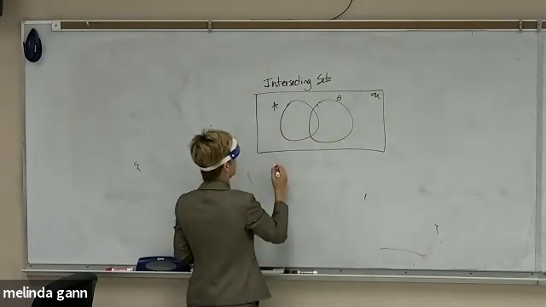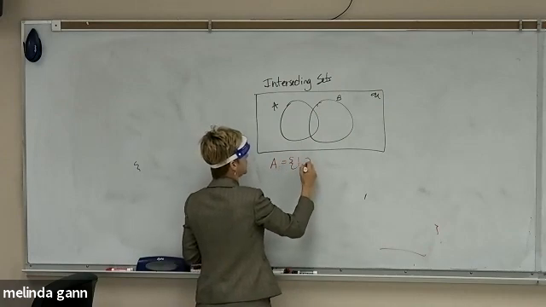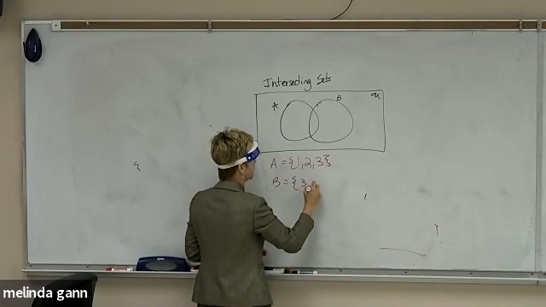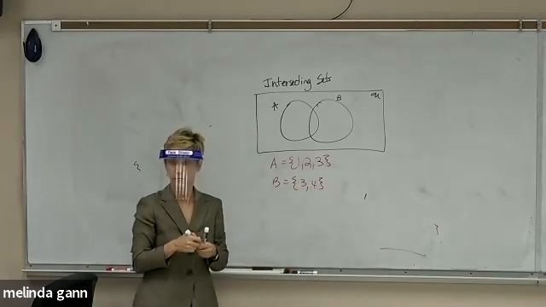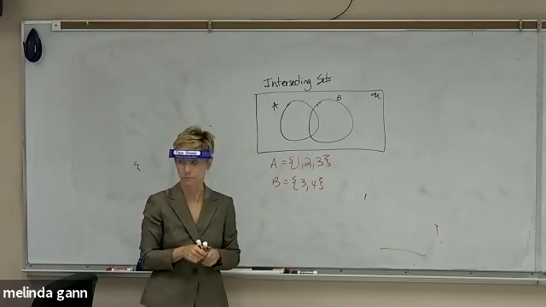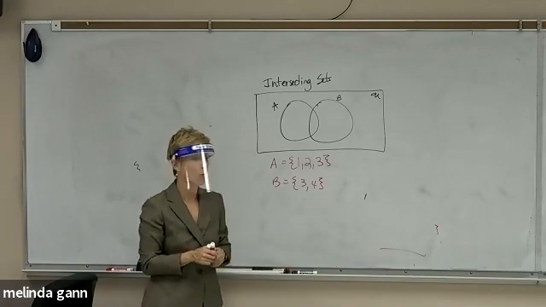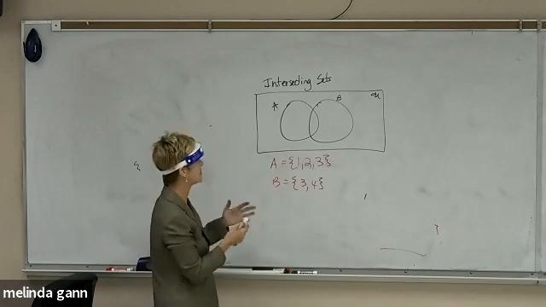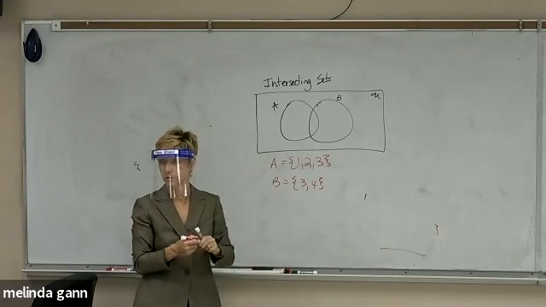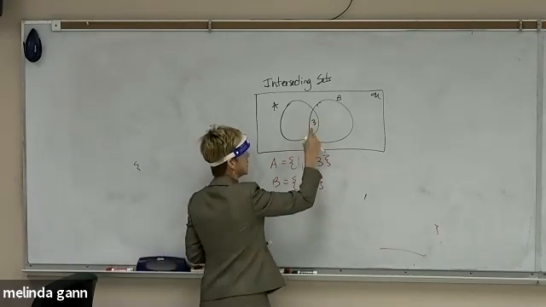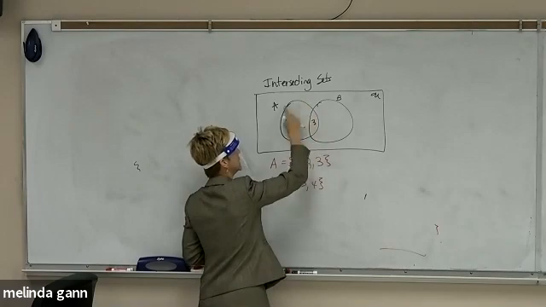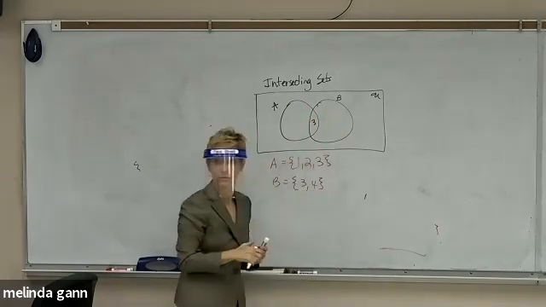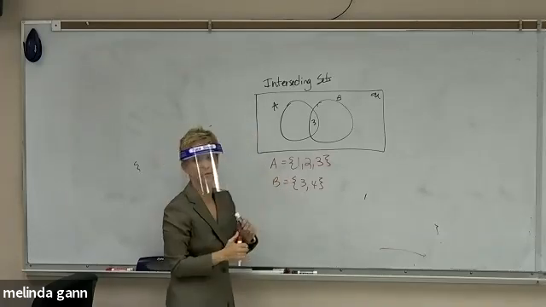So that would be something like, suppose A had 1, 2, 3, and suppose B had 3 and 4. What do they have in common? 3. Where would I have to put 3 in the picture? Do you see that 3 would have to go somewhere here? Because that puts it in the A circle and also what? In the B circle.